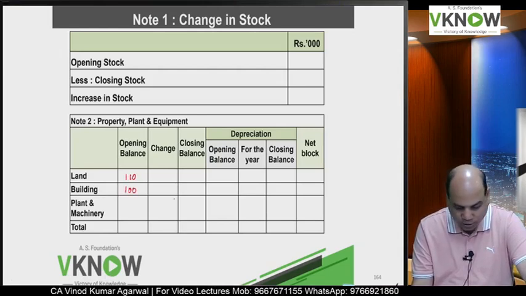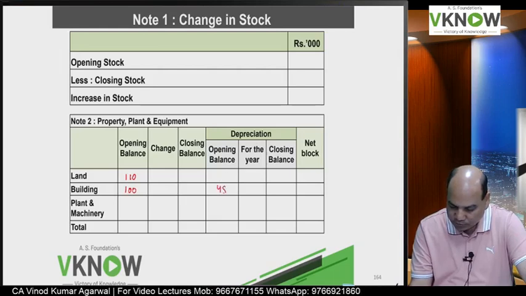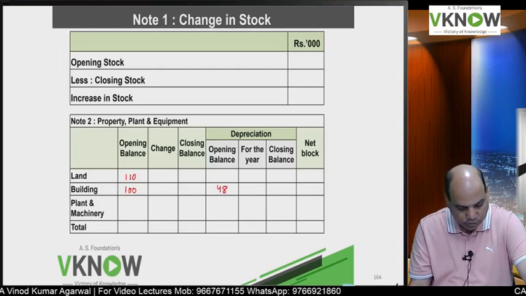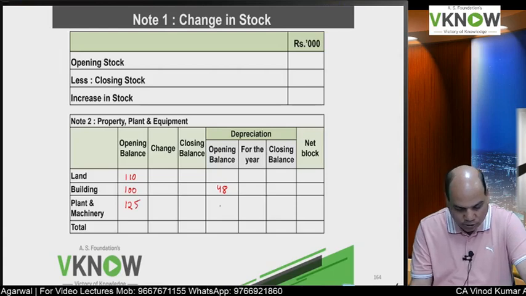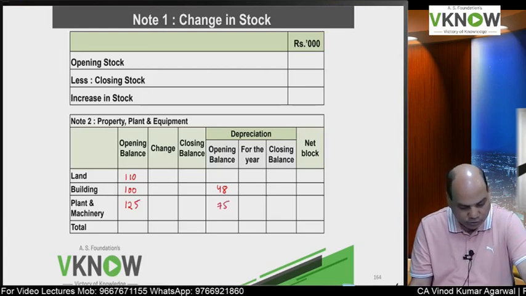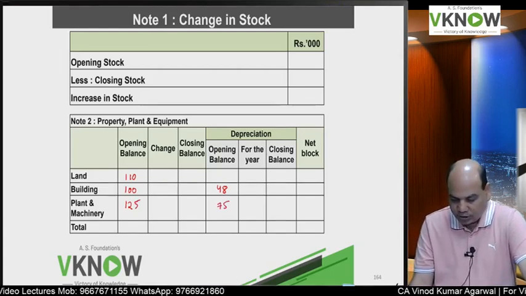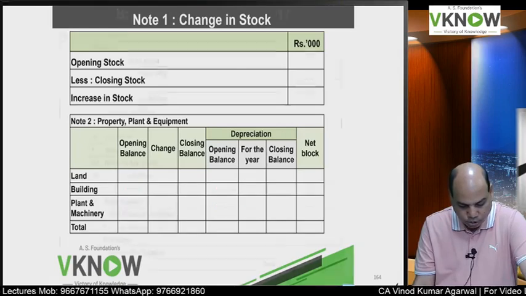And then accumulated depreciation opening balance in building, 48. Plant and machinery at cost, 125. Plant and machinery opening accumulated depreciation, 75. Can you see that?